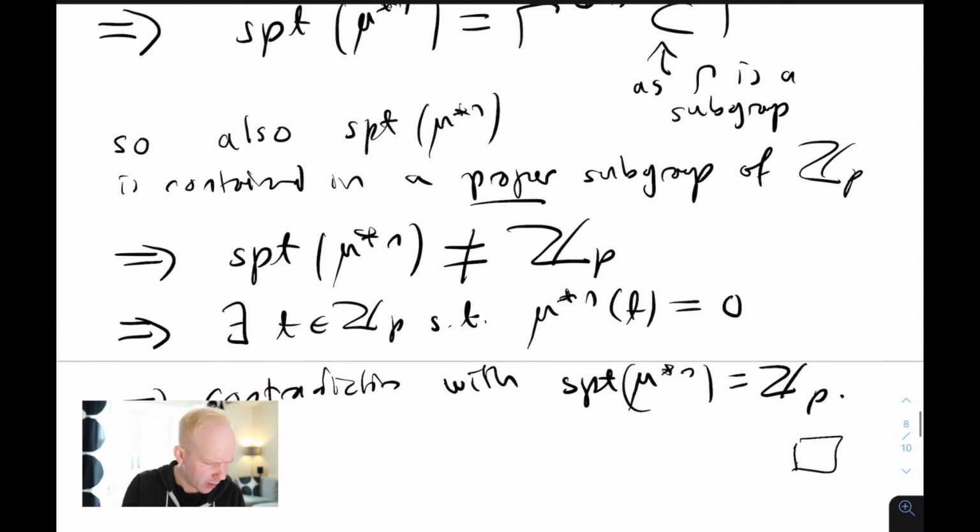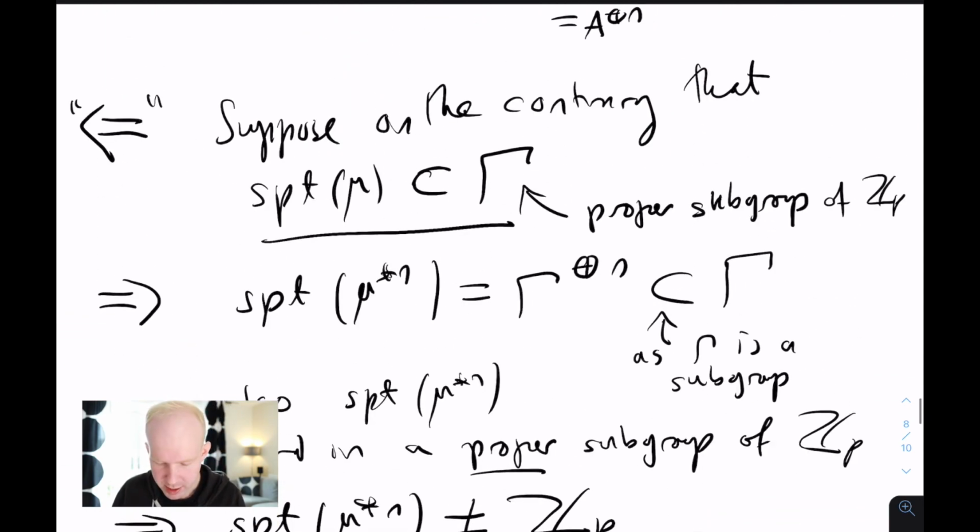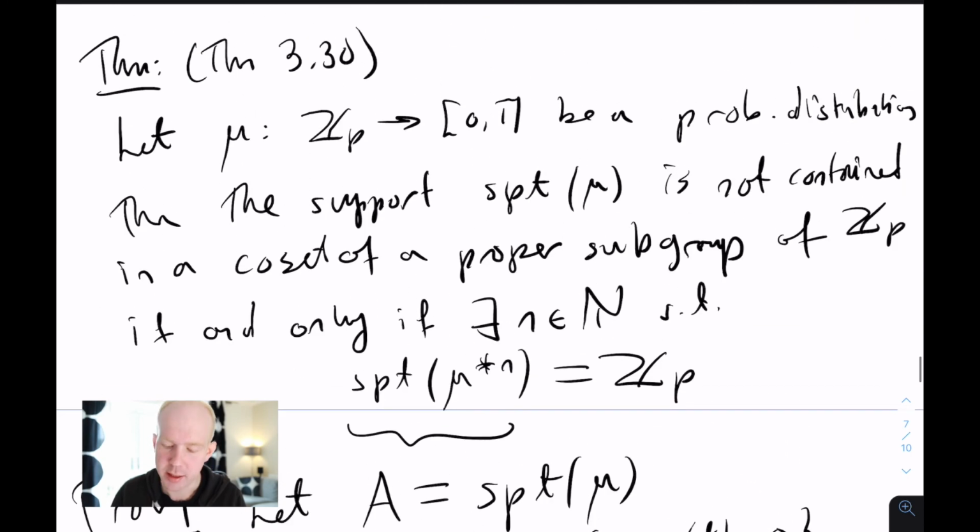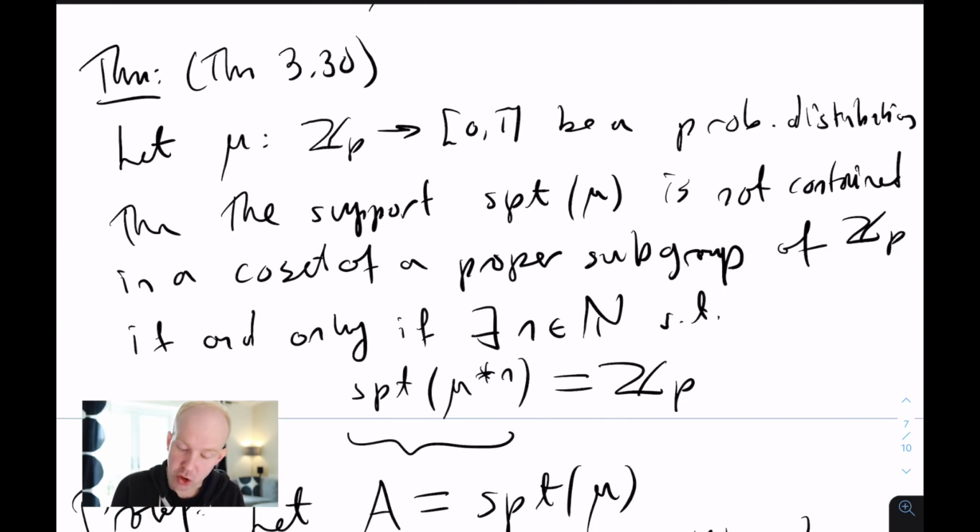Okay, so this is quite important now, because we basically have a way of characterizing, using the support of the probability distribution, whether it actually spreads into the whole space, just by using the cosets of proper subgroups of this ZP.